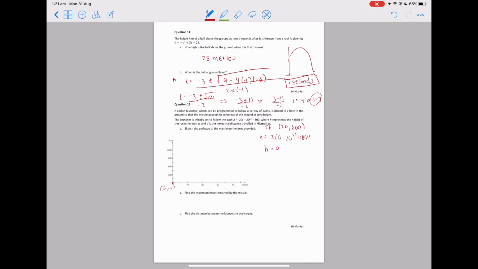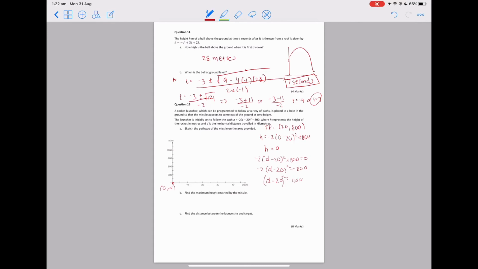So now to find out the x-intercept, what we'll do is we'll sub in h, or y in this case, equal to 0. So if you do this, then it will be negative 2 times d minus 20 whole squared plus 800 is equal to 0. Move the 800 to the other side. So therefore, your equation will look like this. Divide both sides by negative 2. So if you do this, then you'll have 400.